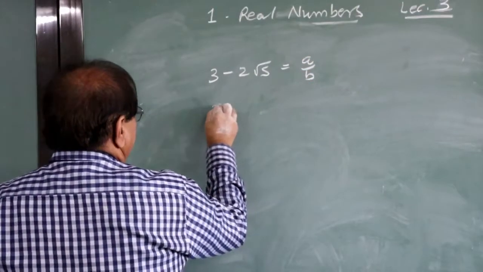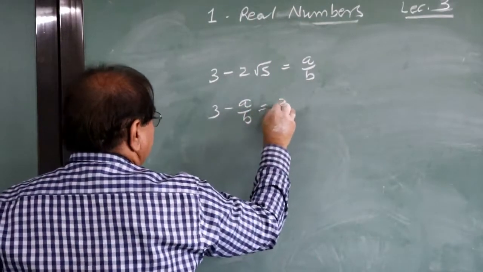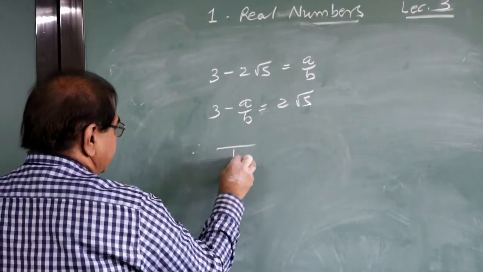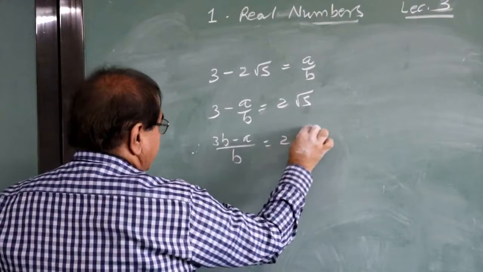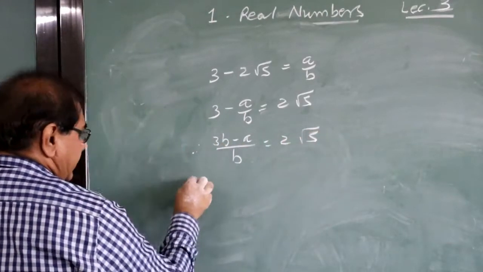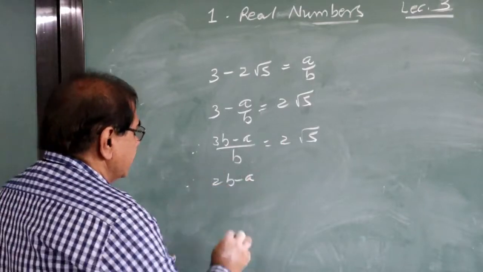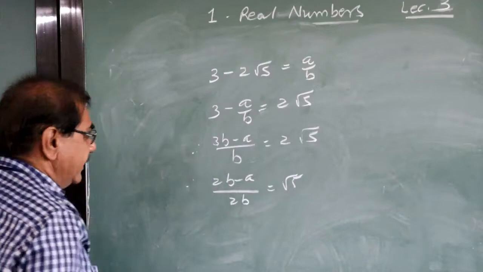So 3 minus a upon b is equal to 2 root 5. Now take b as LCM here. (3b minus a)/b is equal to 2 root 5. Therefore (3b minus a) upon 2b is equal to root 5.